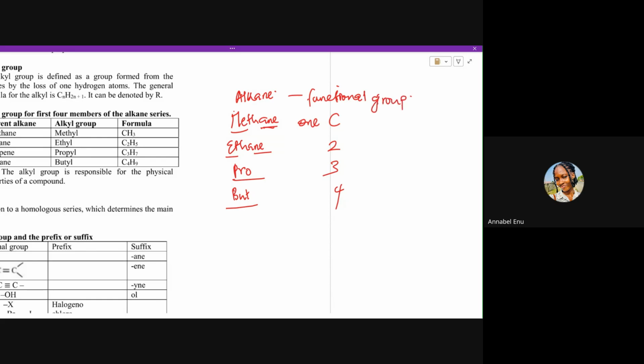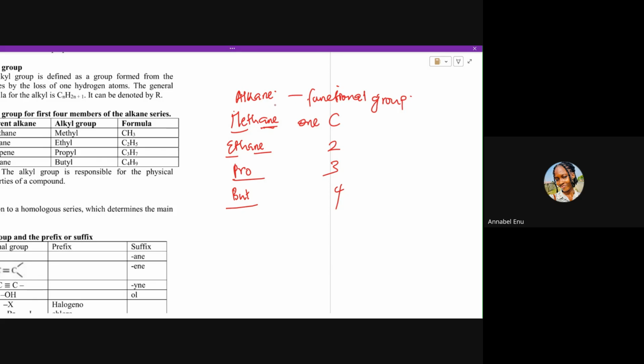So when we see propane, for example, we know that the functional group there is a single bond, because a bond is also a functional group. It mustn't always be OH or one thing or the other. Now, having said that, that is for alkane. That is for homologous series.